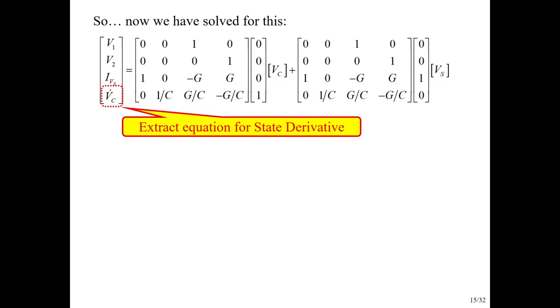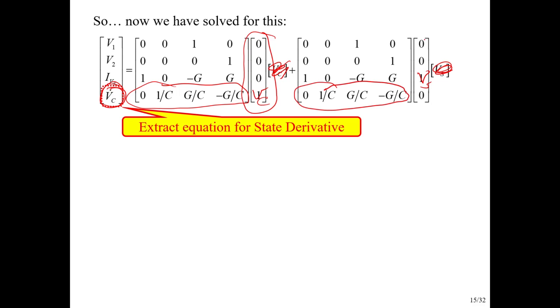The way that we're going to do that is we think about these things combining. So we just have a V sub C here. And these things combining. So we just have a V sub S there. And now the things that contribute to this would be this row times this column. If that's not clear to you, go back and review your linear algebra. And another contribution to this would be this row multiplied with that column.